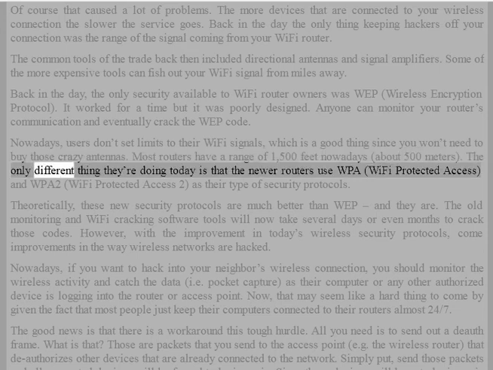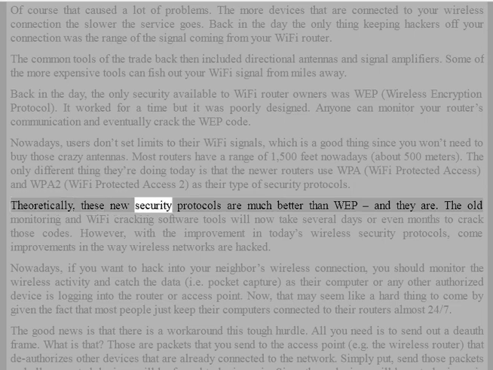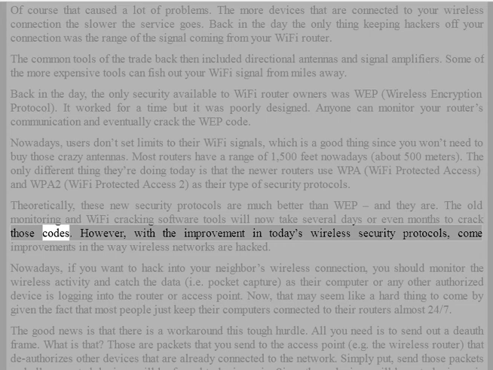The only different thing they are doing today is that the newer routers use WPA, Wi-Fi Protected Access, and WPA2, Wi-Fi Protected Access 2, as their type of security protocols. Theoretically, these new security protocols are much better than WEP, and they are. The old monitoring and Wi-Fi cracking software tools will now take several days or even months to crack those codes.